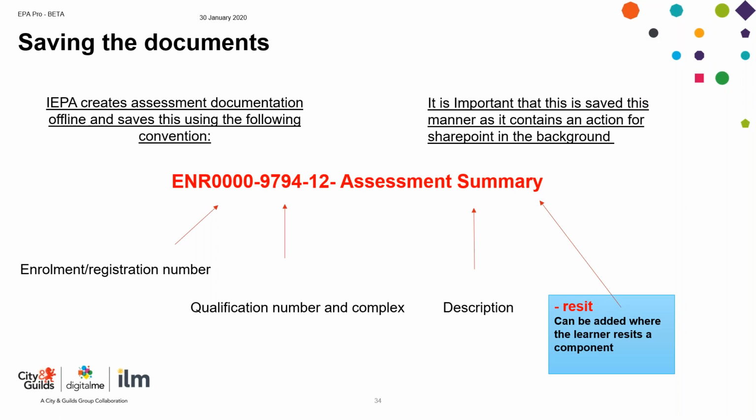By naming it in that way, it's automatically picked up by the system, and it populates a folder with the apprentice name or the apprentice ENR, so all the documents are saved in the right place. When the LIEPA goes into SharePoint, they will see the standard and all of the apprentices within that standard, and the documents will be saved in those places.